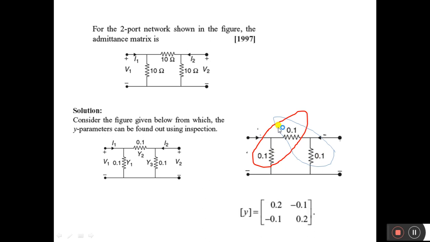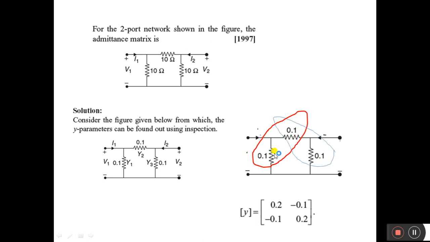You can directly write the answer. No need for any calculation. Very simple case. For the Z parameter, the circuit should be star. To calculate admittance, that is the Y parameter, the circuit should be in delta. Once delta, you can directly get the answer.